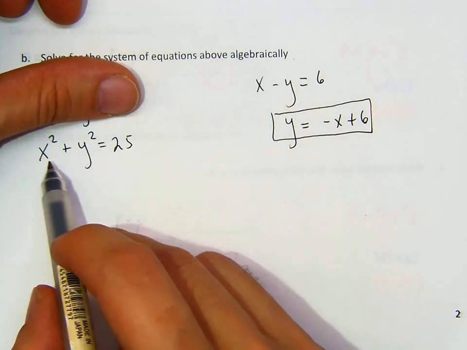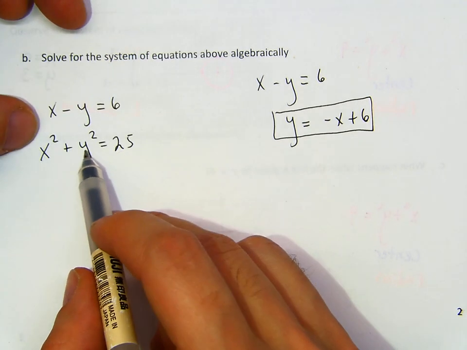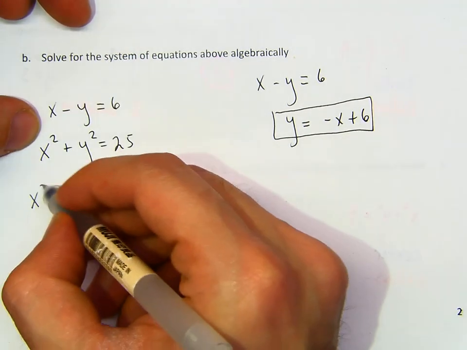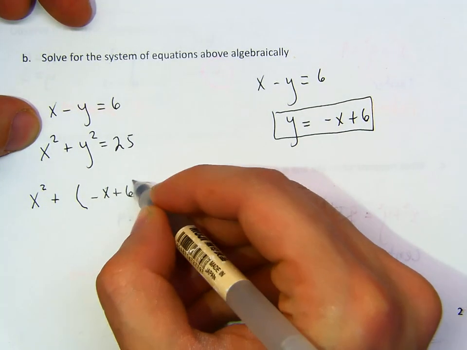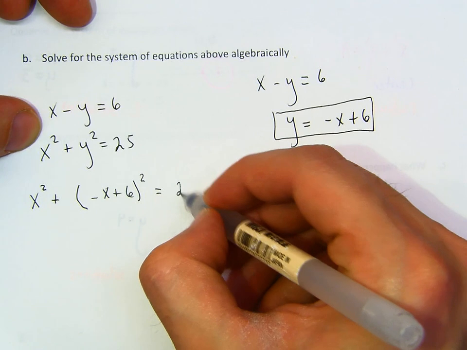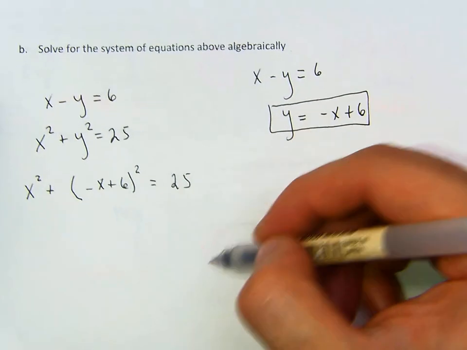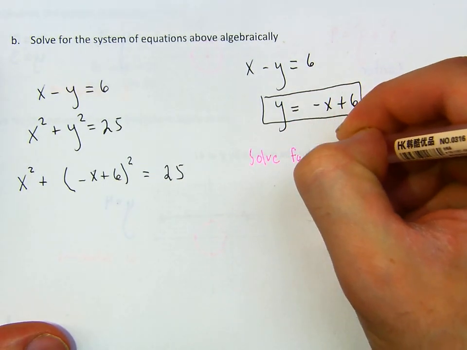So notice that if x squared plus y squared equals 25, anywhere I see y, I can put this in. So here you just have x squared plus parentheses negative x plus 6 squared equals 25. What I want you to do is, from here, try and solve for x.